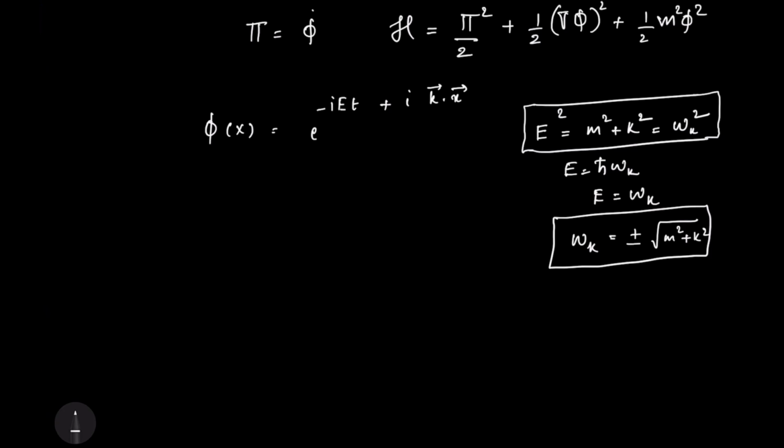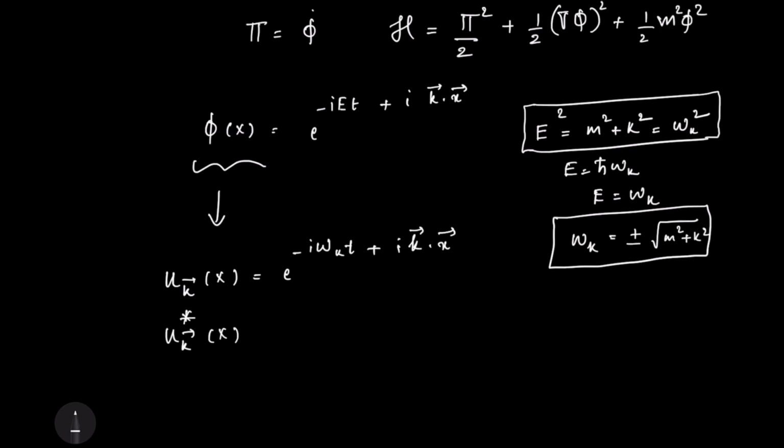Okay, therefore I can write the positive energy solution for phi as uk of x is equal to e raised to minus i omega k t plus i k dot x, and the negative energy solution I'll write as uk star of x is equal to e raised to i omega k t minus i k dot x.